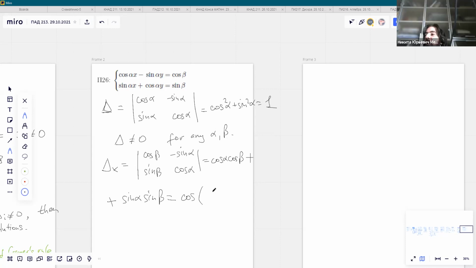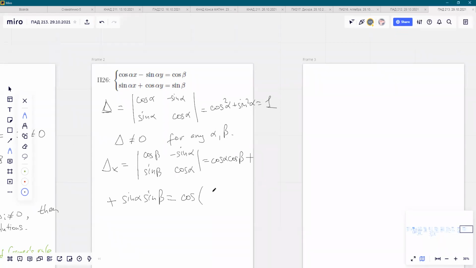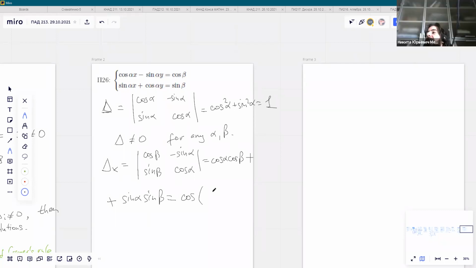So what is the trick? Alpha minus beta. I also prefer the first variant. Okay, we need to have a vote. Alec? Alpha minus beta. Yeah. Aha, so many votes. Well, okay.